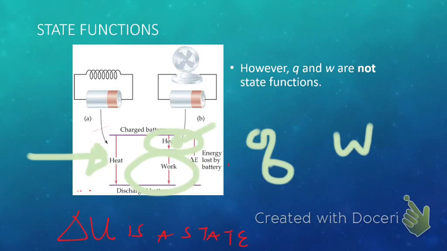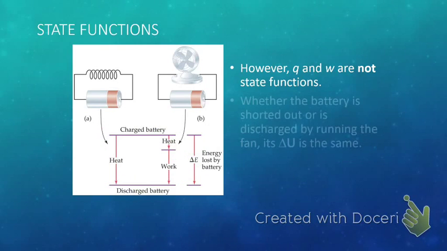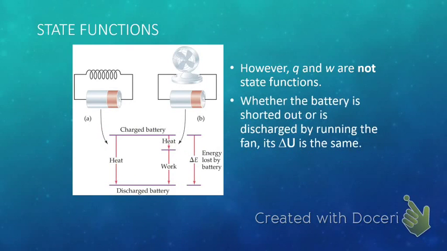So Q and W are not state functions, but delta U or delta E is. So you just have to be careful here. Remember, a state function means you don't know how it got there, but you just know what state it's in, but it can be composed of different variables that are not state functions, like Q and W, which do matter by the path.